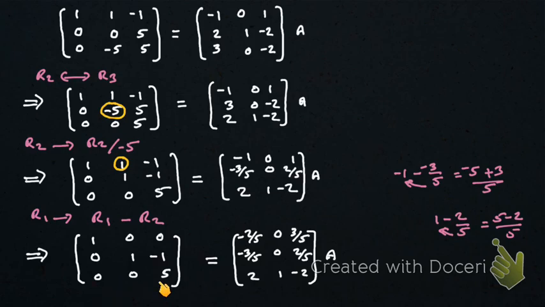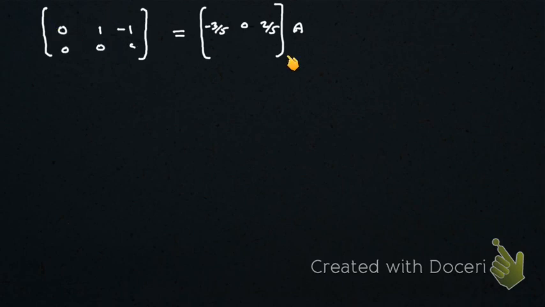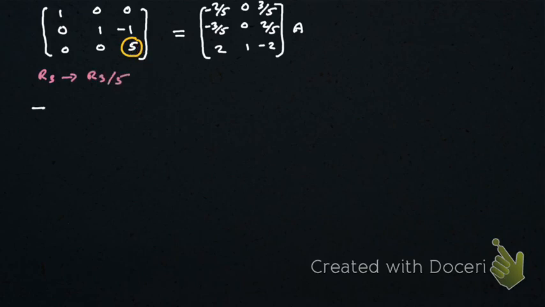So I'm going to say R3 divided by 5, which will get me 1 there. So your next operation, I'm just copying the previous step, just for me to see it and do the next step operation. So this is what I want. I want 1 there, and what I have figured out is R3 should be divided by 5 to get A33 as 1.